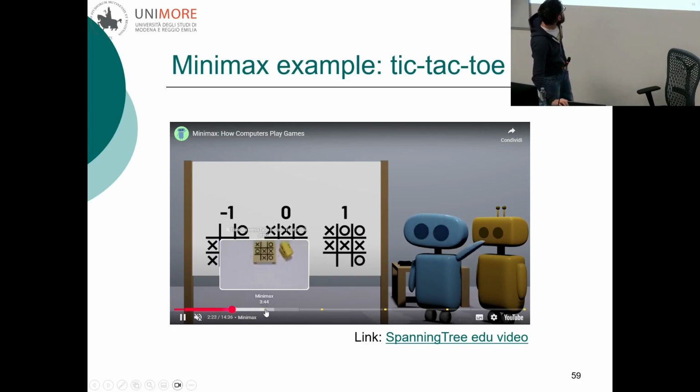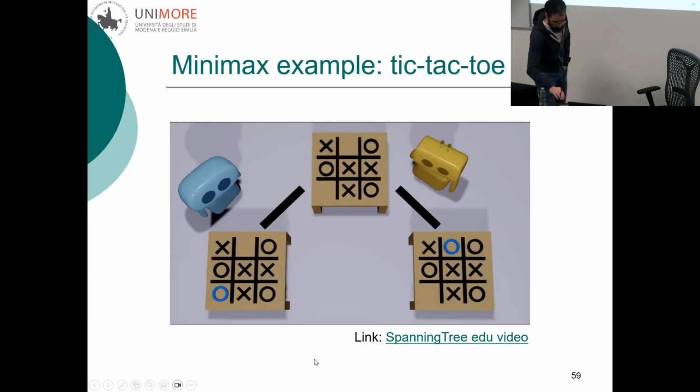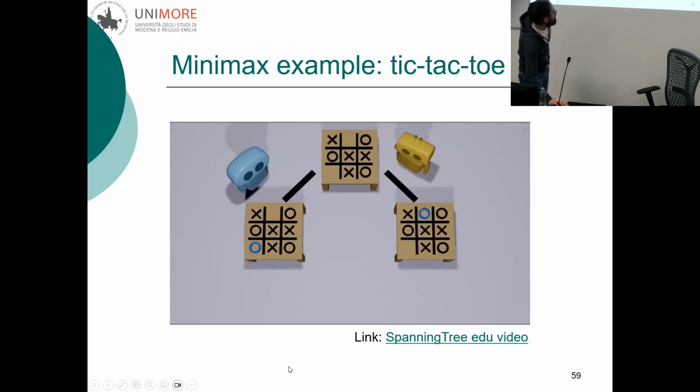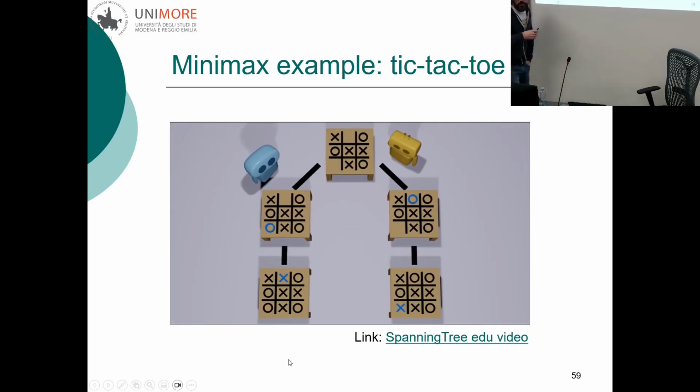If the agent is able to do this, basically, okay, sorry, I was too quick. Besides doing that, the agent is also able to foresee what are the consequences of its actions.